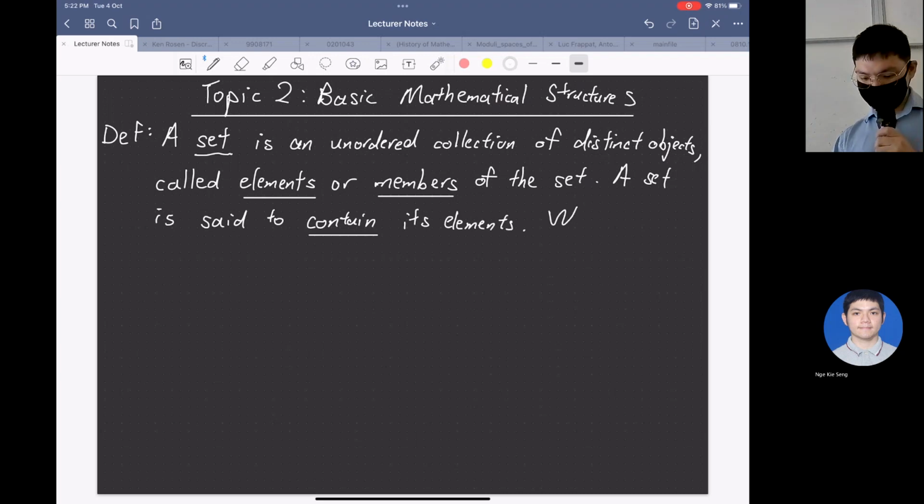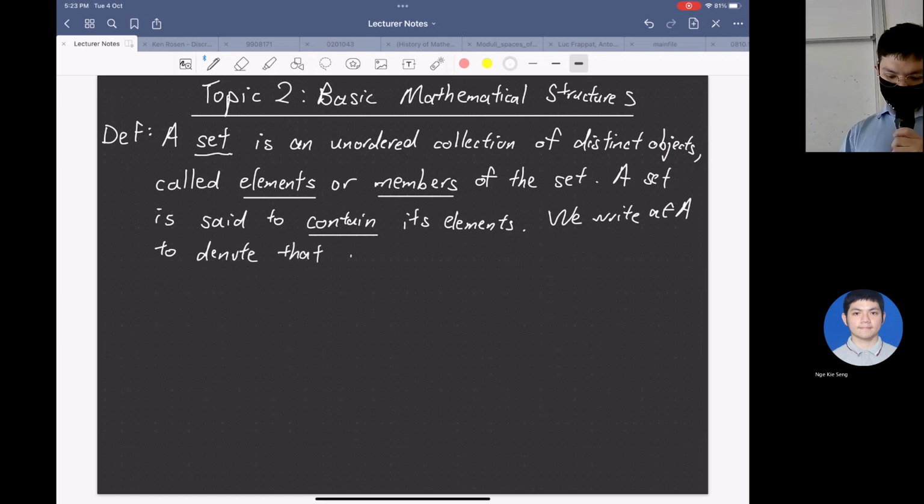And in this case, we write a is in A to denote a is an element of the set.